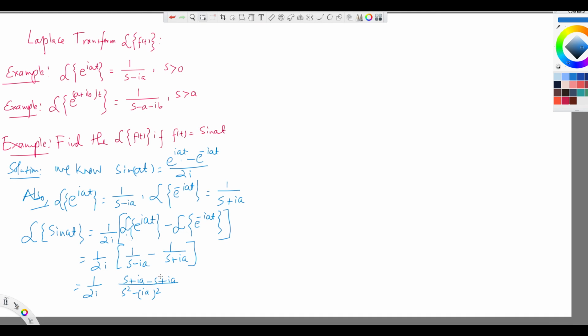Then you cancel s and s. So what do you get? 1 over 2i, and then ia plus ia is twice ia, over s squared plus a squared. How do I get the plus? It is i times i, so you get i squared a squared.